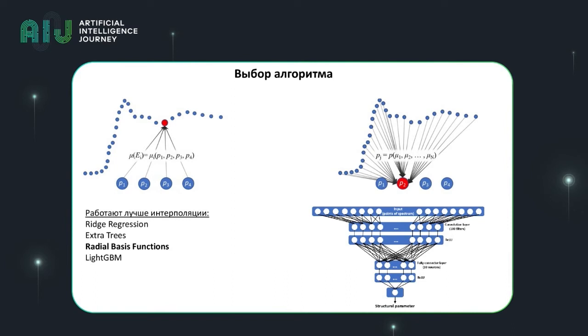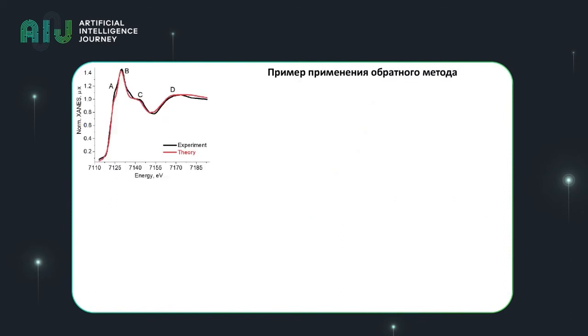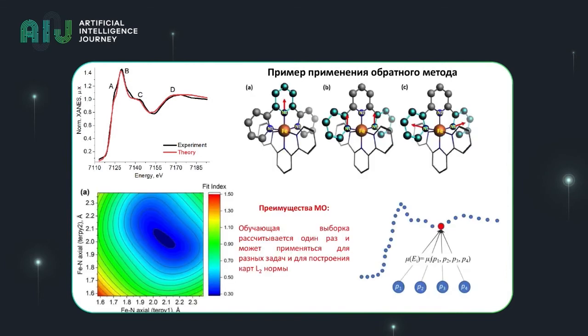As a direct method, we use a neural net. And let's see what the limitations are here. Let's look at practical examples with real data.